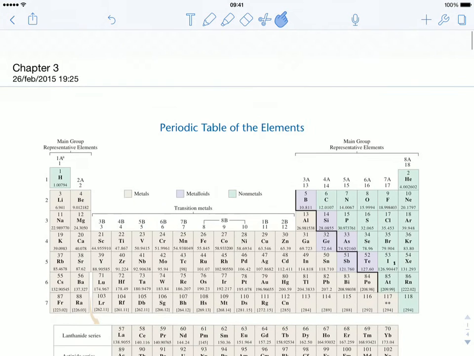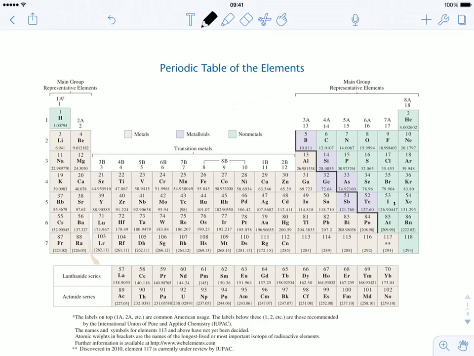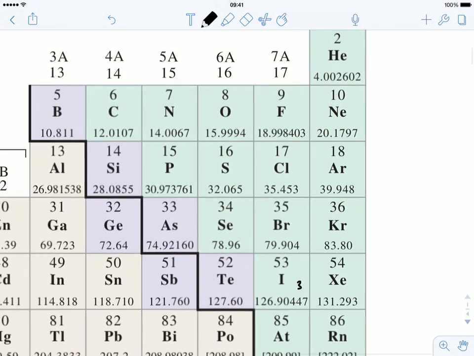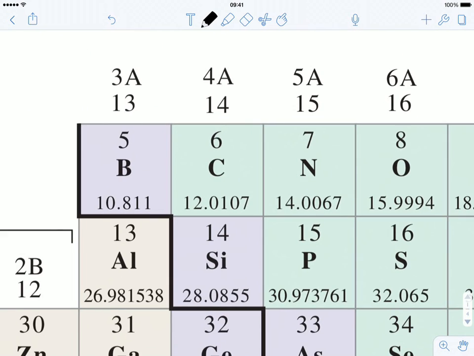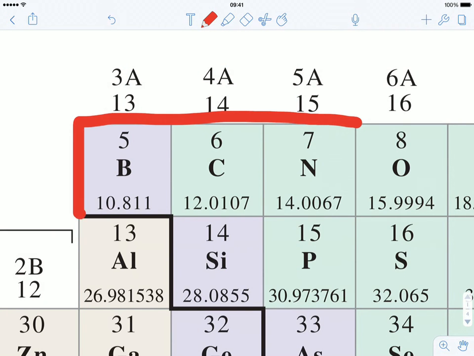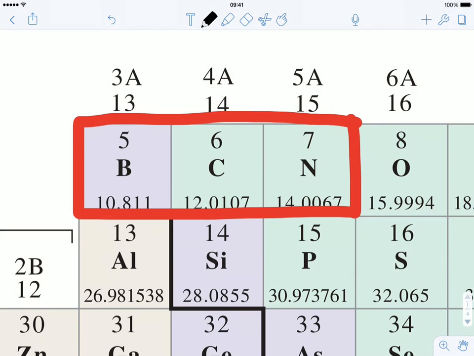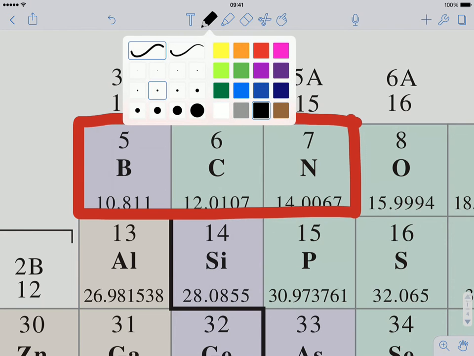So let's go back up here to the periodic table. If we focus in on the nonmetals here, because polyatomic ions are a nonmetal with a certain amount of oxygens after it, there's a pattern in the periodic table that can help you remember it. First, let's focus in on these 3 elements right here. These 3 elements are the starting elements of polyatomic ions that you have to memorize.